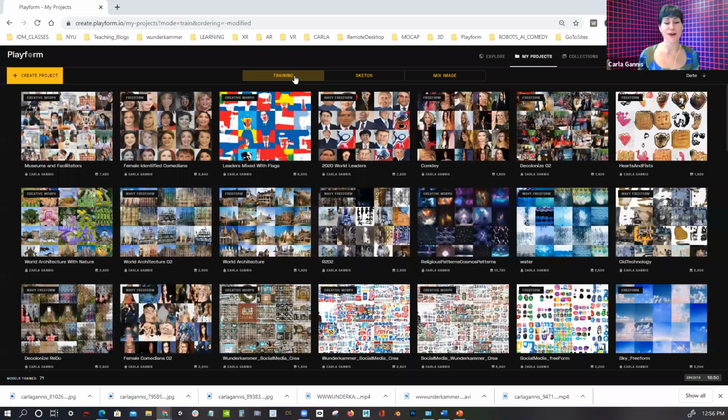These systems aren't objective, right? Humans are seeding them. So we really have to think about what we're feeding them and what kind of biases could be generated as a result. For right now, sometimes I'll just do big Google downloads, but more recently I've been much more specific about selecting all my images and my data sets.